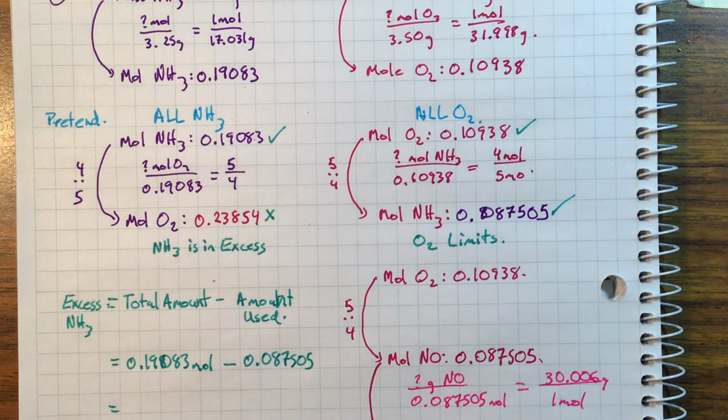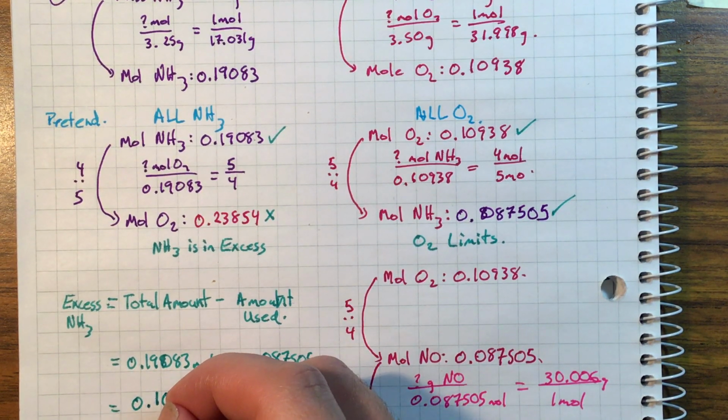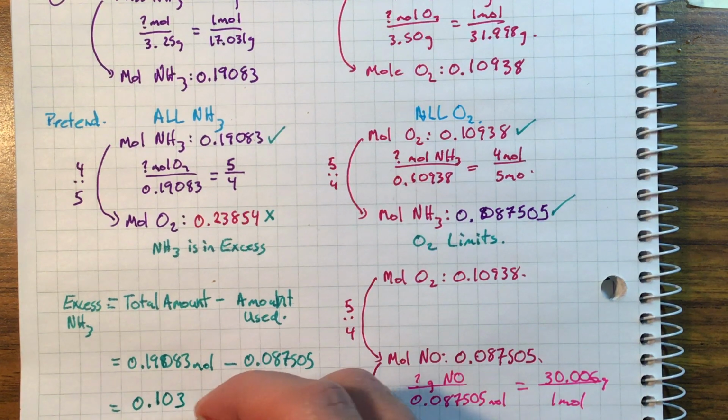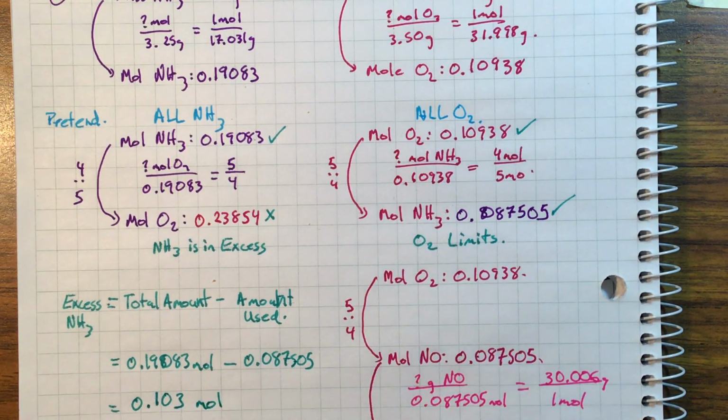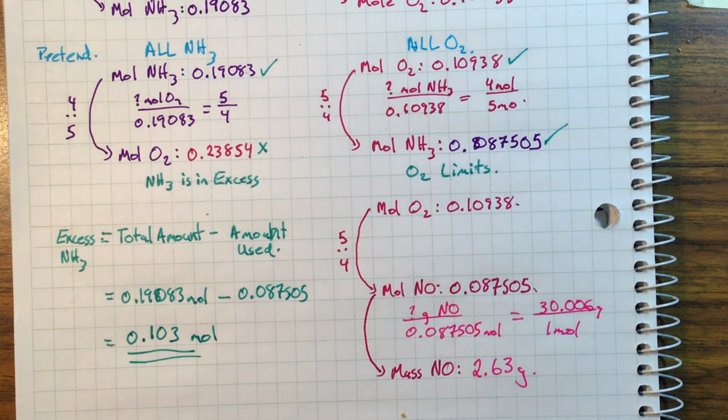And we get 0.103 moles. It should have 3 significant figures because both of these should have 3 significant figures. That's how much excess NH3 there is. We could convert that to mass if we wanted to, but we've got a number of these limiting reagent questions to go through, so let's not.